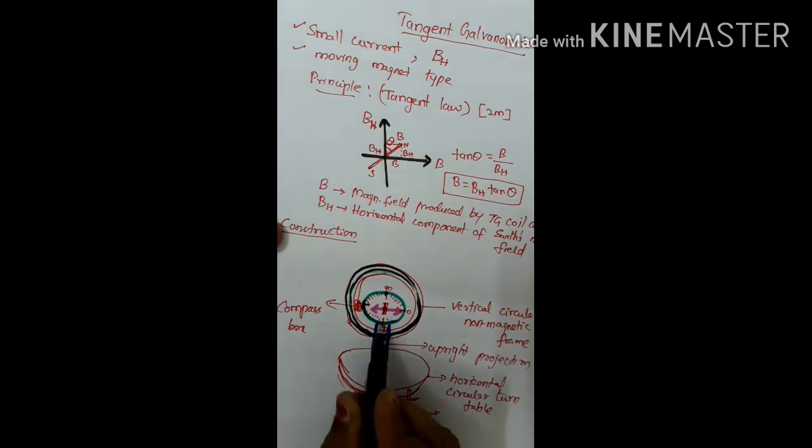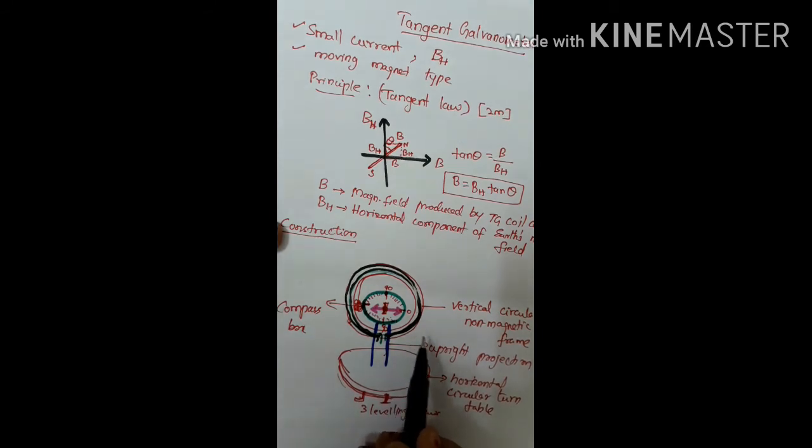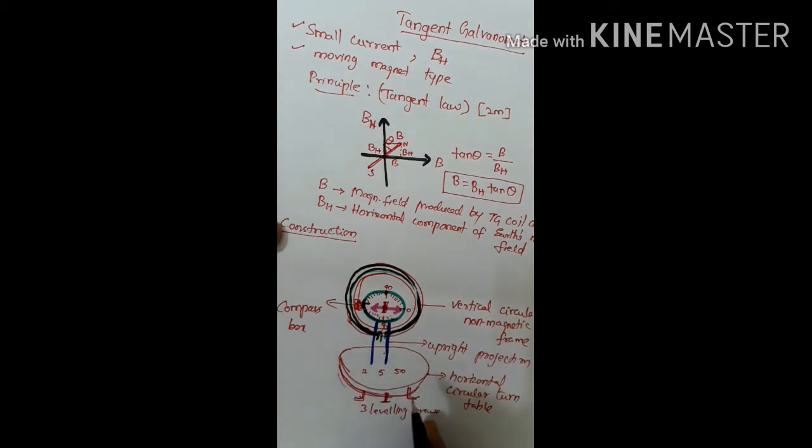Now this upright projection carries a compass box, described here, with a magnetic needle and an aluminium pointer with a circular scale with 4 quadrants. And over this vertical frame you have wound coils of different turns to measure different current strength. I told you it consists of a 2-turn coil, 5-turn coil and 50-turn coil.